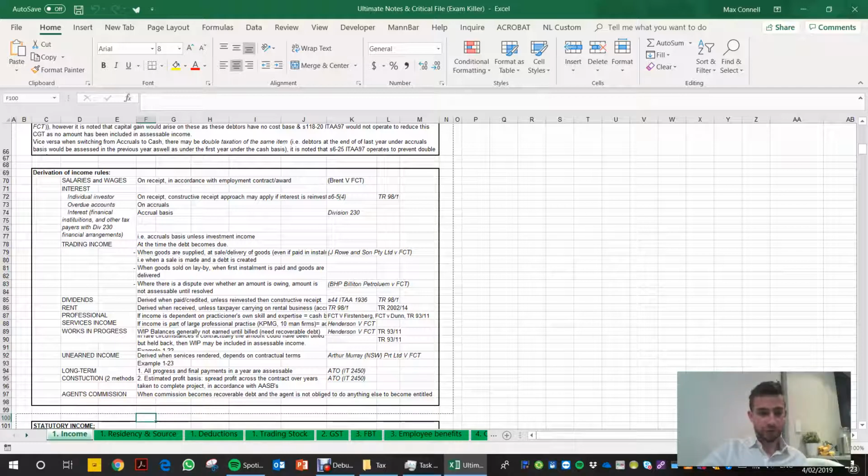Trading income. This is, for example, a plumber issuing invoices. It becomes income, or is recognized as income, when the debt becomes due. So on your invoice, what date is this invoice due? That's the date it needs to be recognized in your P&L and tax return.